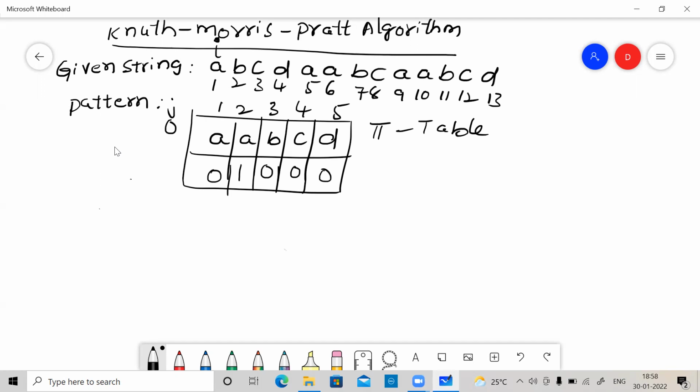Now what we need to do is take i equal to 1 and j equal to 0. At i equal to 1, we should not consider j equal to 0, we should consider j plus 1.